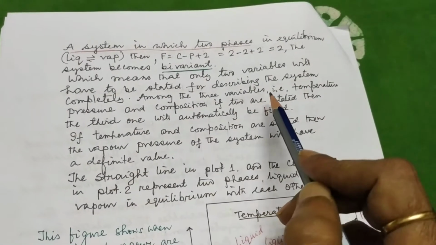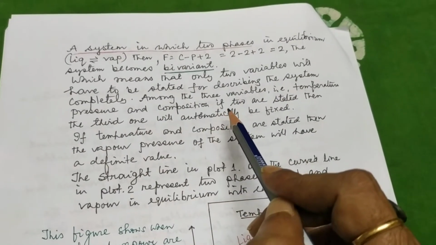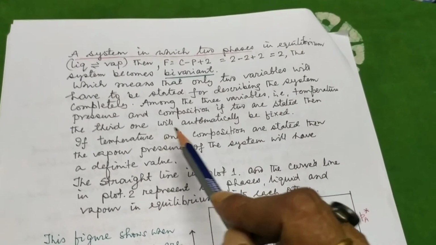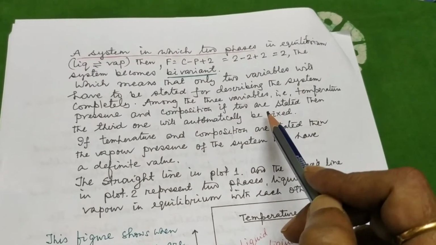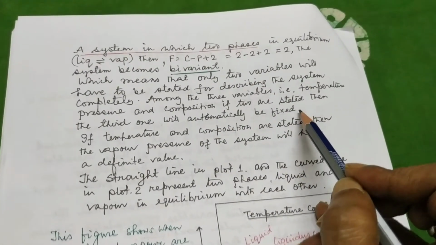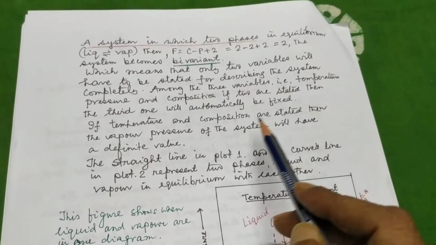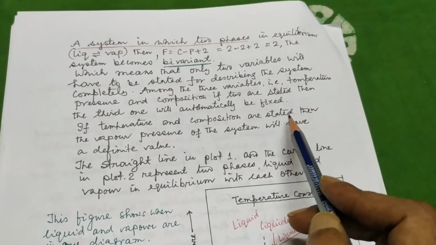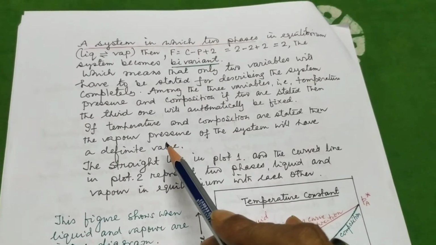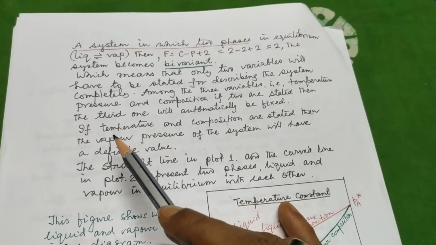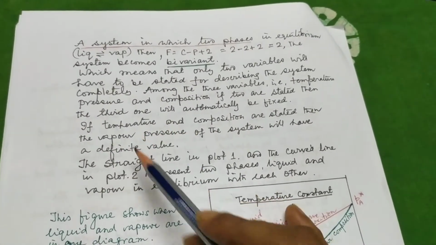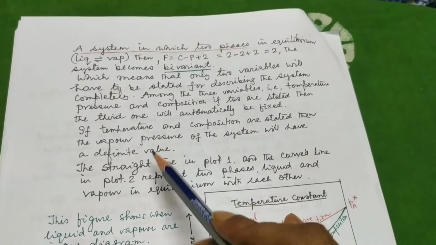Among the three variables, temperature, pressure and composition, if two are stated, then the third one will automatically be fixed. Now if temperature and composition are stated, then the vapor pressure of the system will have a definite value.